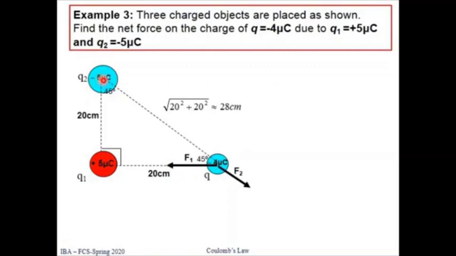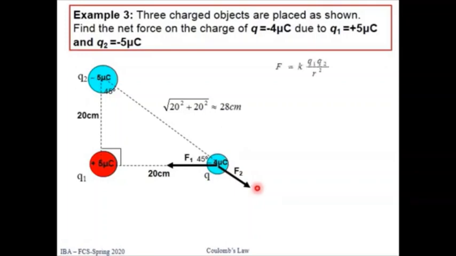The force from Q2 on Q is in this direction, because of the same sign there must be a repulsive force, and the force vector is away from the line joining the two charges. So we need to find these two forces, and in order to find the total force we just add up F1 and F2 vectorially.